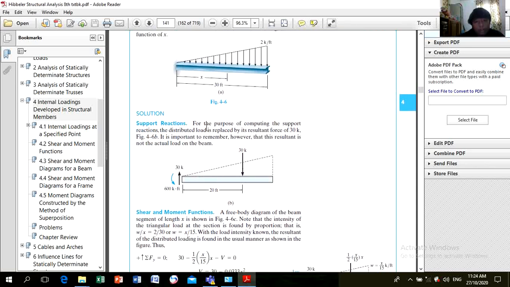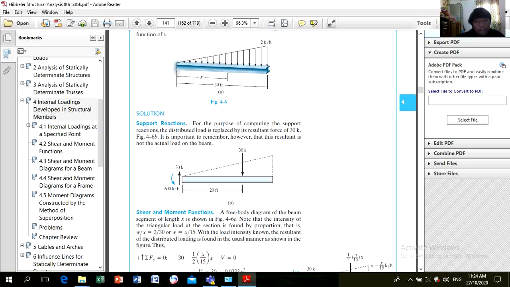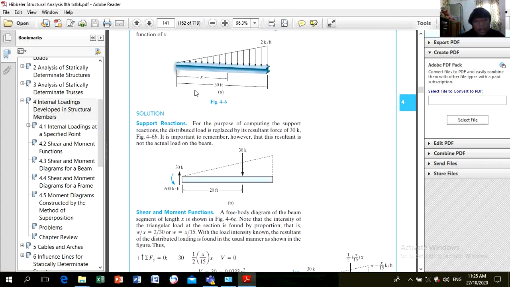So here, to determine the reaction, we can do summation forces along y. Summation forces along y is equal to 0. This is 1/2, 30 times 2 is 30, right?